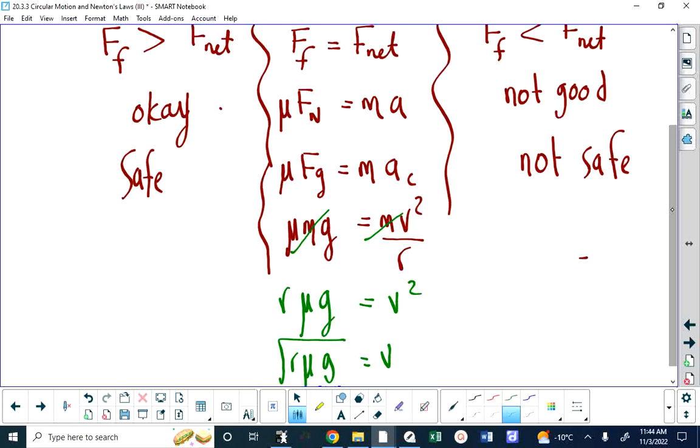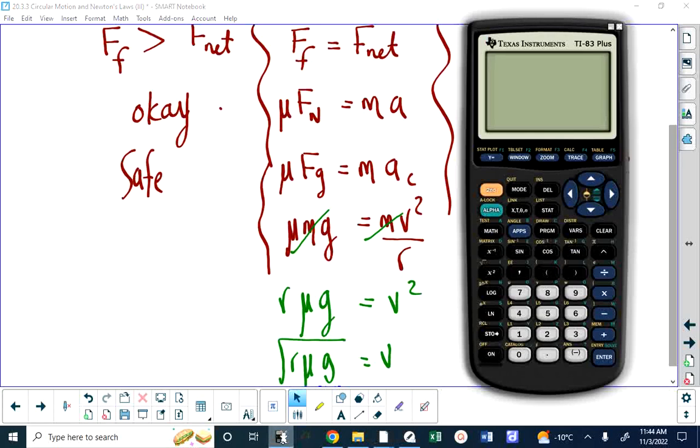So what's the maximum safe speed? Let's see, the square root of the radius times 0.75 times 9.81. Take the square root. The maximum, that cannot be right. Oh, I already did take the square root. 21.01 meters per second.